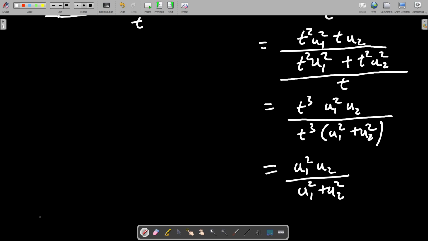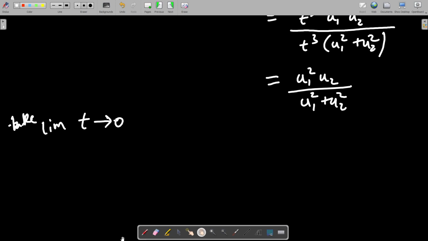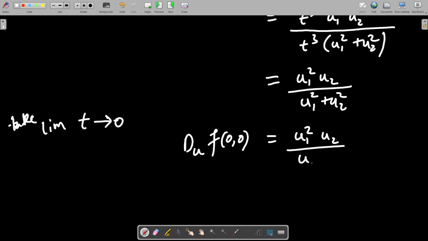So if I take the limit t tending to 0 in the above expression, what are we going to get? The LHS becomes the directional derivative D_u f at (0,0), and the RHS is the expression we computed.